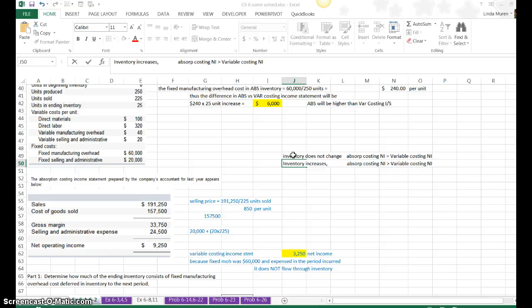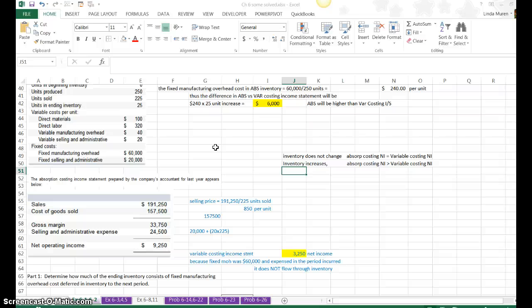Under absorption costing, that $60,000 was divided over all 250 units that you made, so it went onto the balance sheet for 250 units. But when you sold 225 units, the material, the labor, and the overhead cost related to 225 units flowed down to the income statement as cost of goods sold. So only for the 225 units. Obviously material and labor and the variable overhead are under both systems in the costing. The only difference is what happens with that fixed manufacturing overhead.